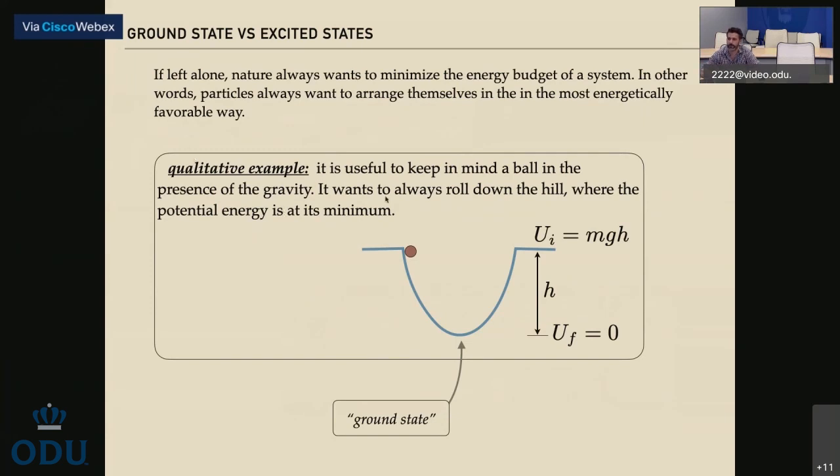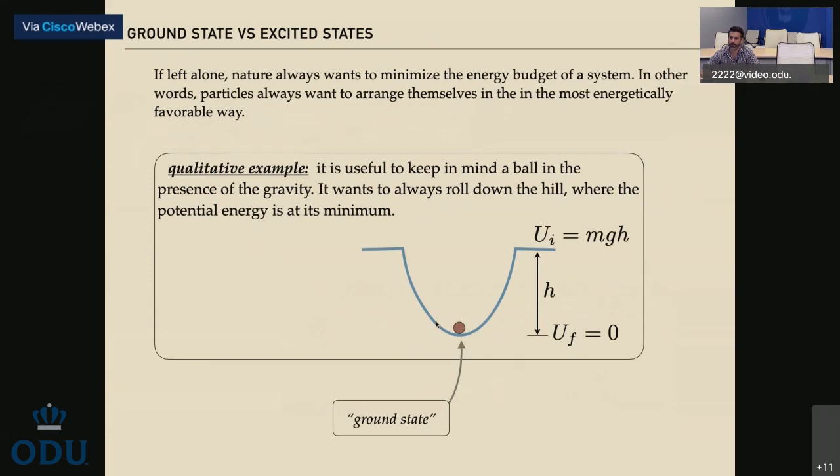So here's a qualitative example, a useful one to keep in mind, where you have a ball in the presence of gravity. The ball always wants to roll down the hill where the potential energy is at its minimum, right? And so if you lift a ball, the potential energy is always going to try to drag it to its minimum energy.